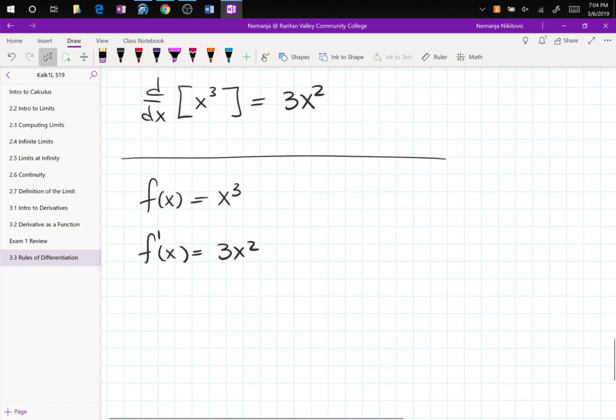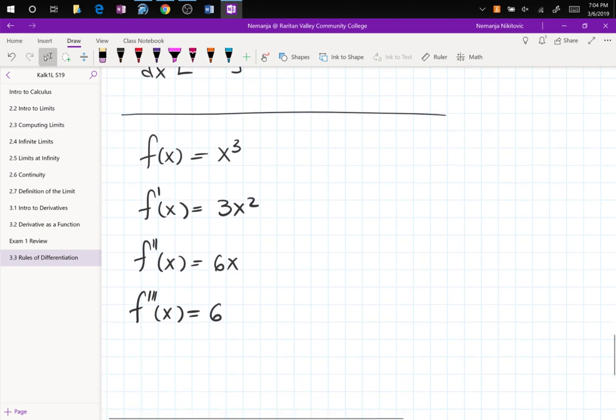For the second derivative, we put double prime, and that would be what? 6x, very good. The third derivative is 3 primes up there, and that would be 6.